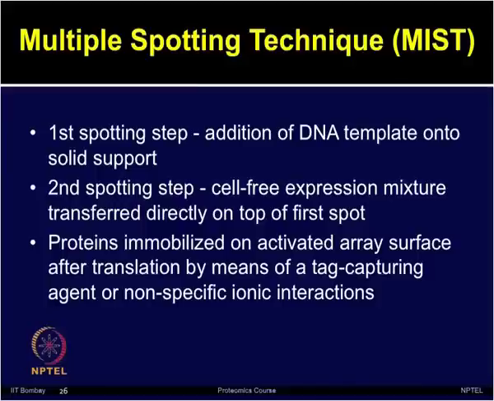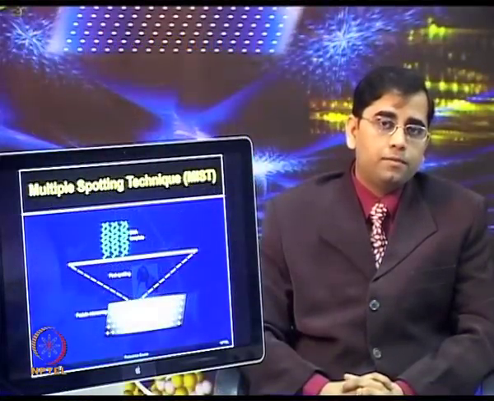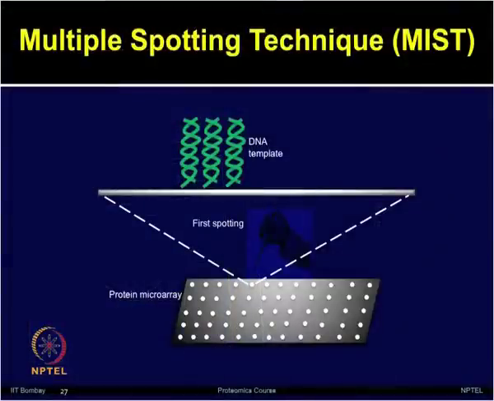So, the proteins are immobilized on the activated array surface after translation by means of a tag capturing agent or non-specific ionic interactions. So, in the multiple spotting technique or MIST, the first spotting step, as shown in this slide, involves addition of DNA template onto the solid microarray support.